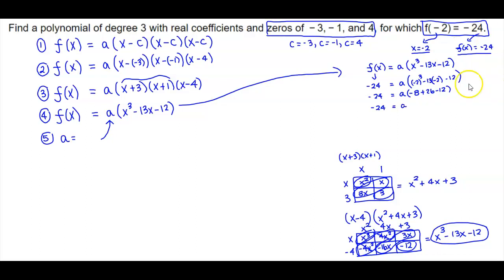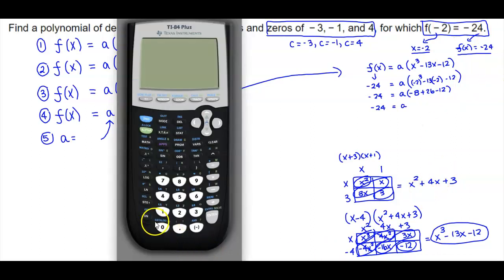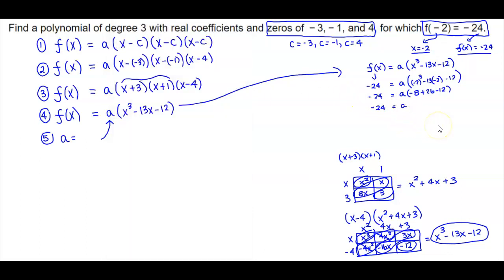We can use the calculator if we want: negative 8 plus 26 minus 12 gives us positive 6. So this is 6 times a. We have negative 24 equals 6a. To solve for a, we divide both sides by 6, and therefore a is equal to negative 4.